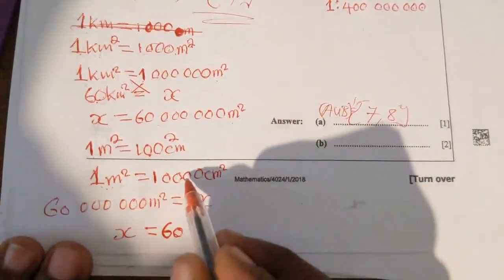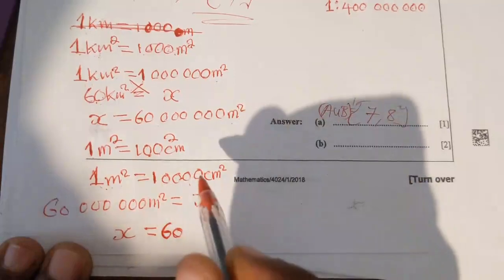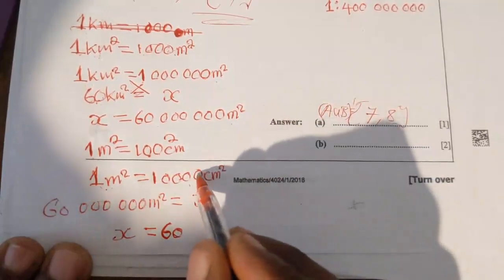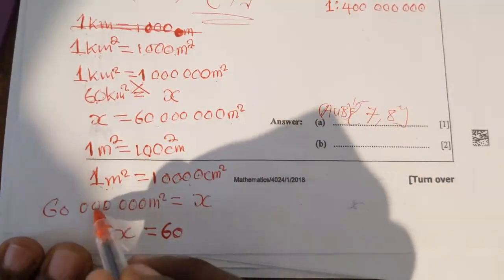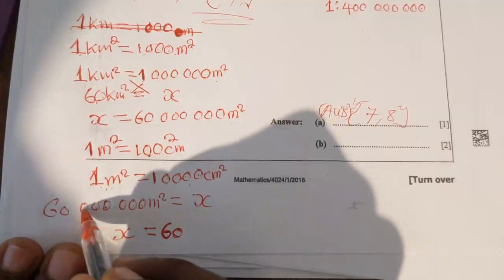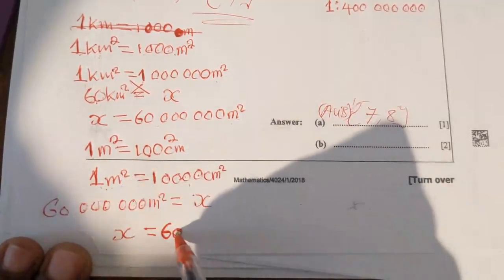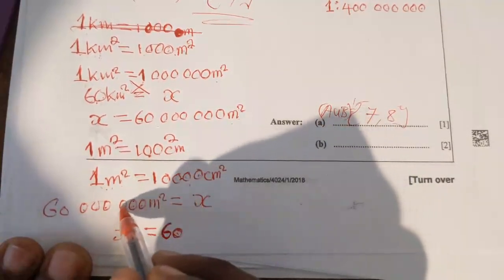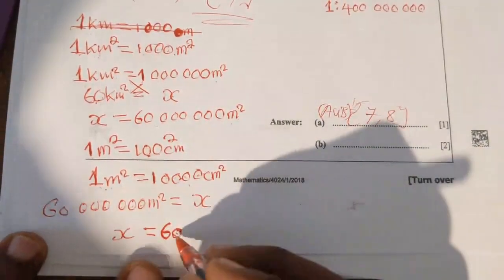Now the zeros, you're just going to put these zeros here. There are how many? 1 2 3 4 5 6 7 8 9 10. So this answer will have 11 zeros, including this one.